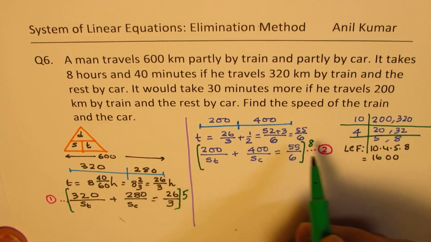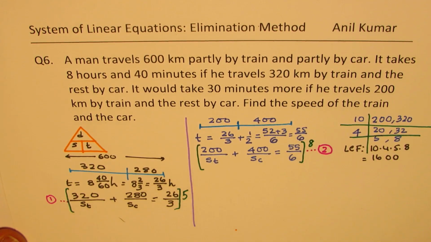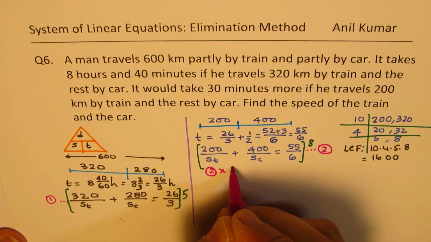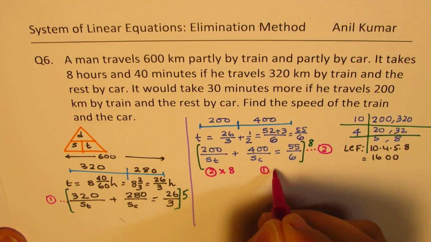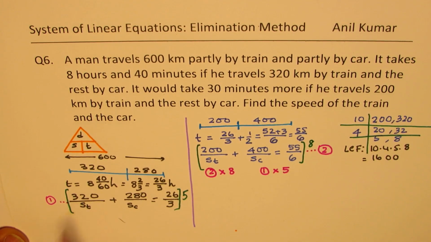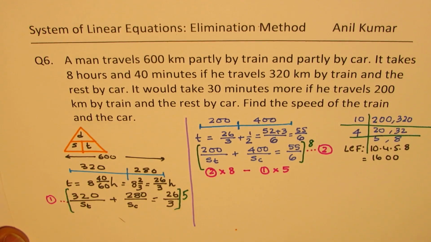So what we are doing here is that we multiply equation 2 by 8, equation 1 by 5, right? Then what we get here is the same coefficient, and then we take away. Is that okay? That is the step. Okay, so let's do it.